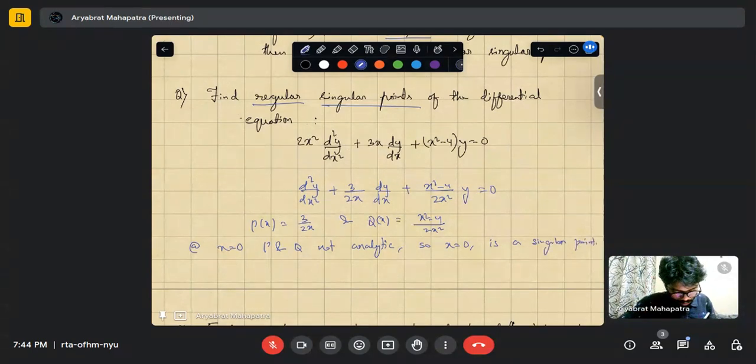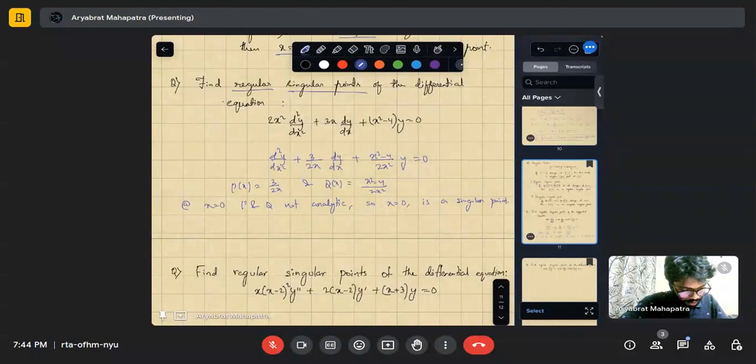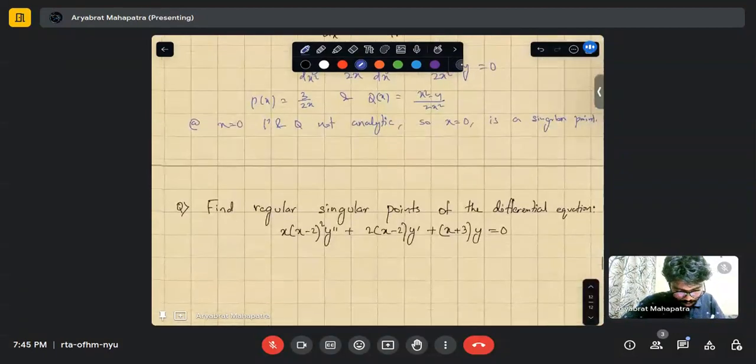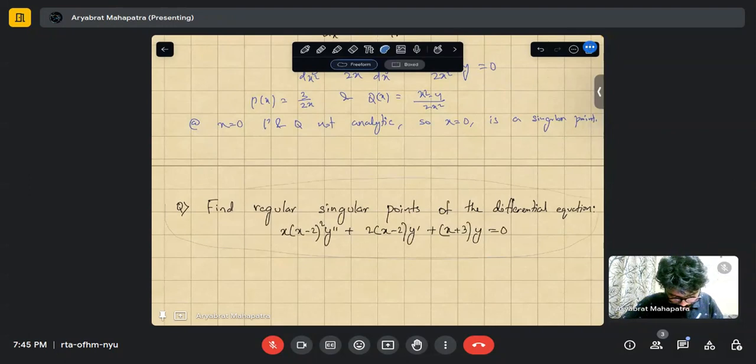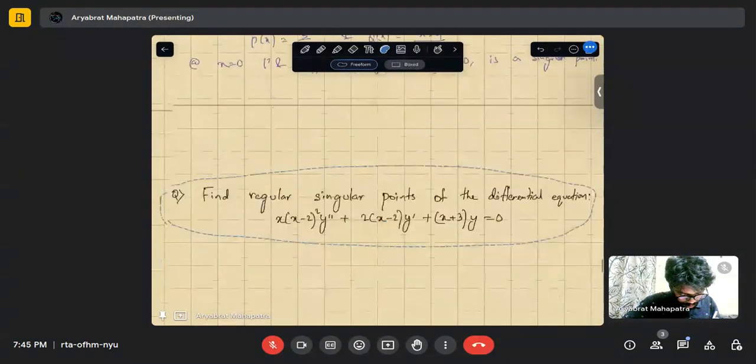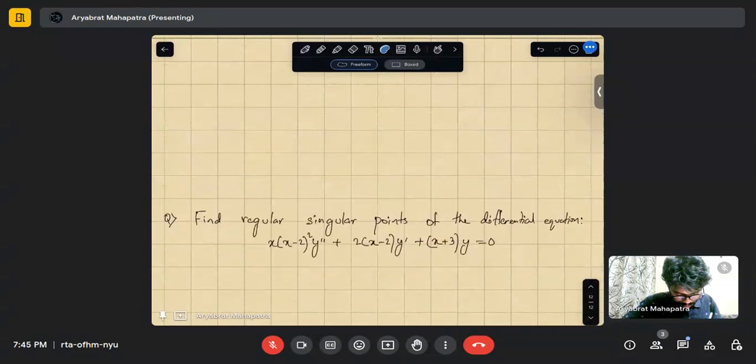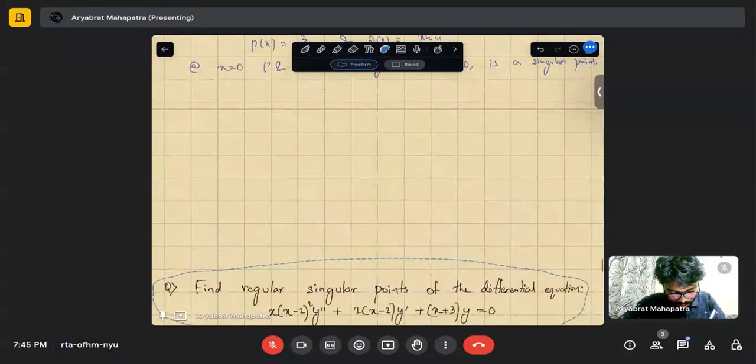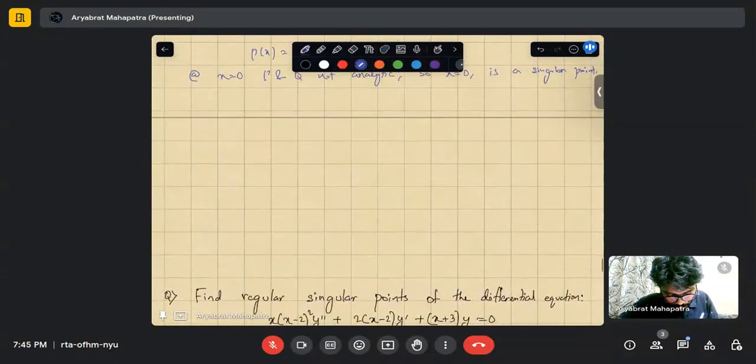Then further you have to check what kind of singular point it is.